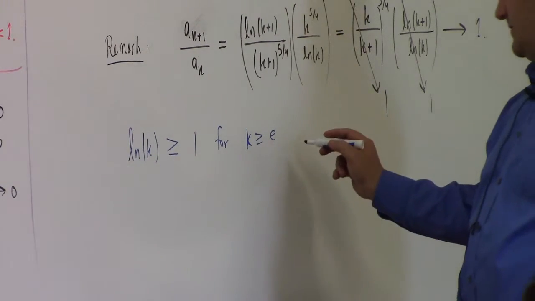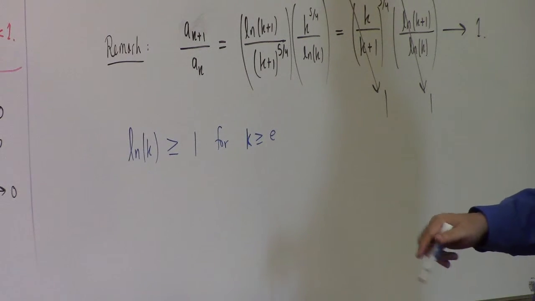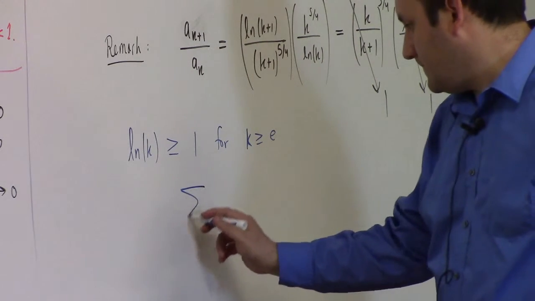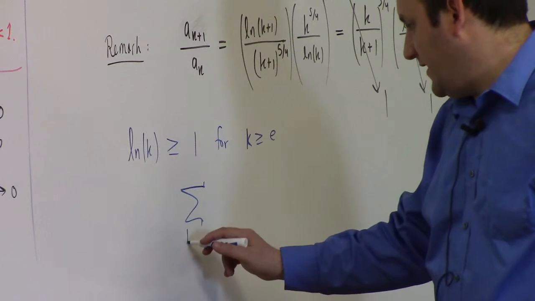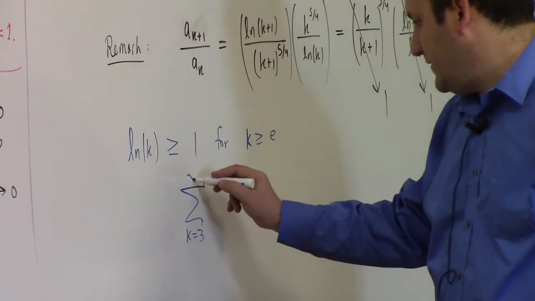If you ignore the early terms, take k equals 3 to infinity.